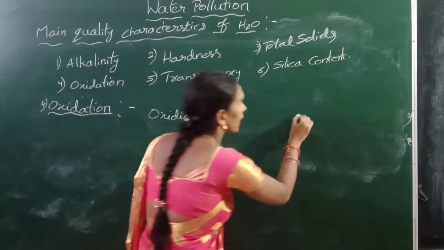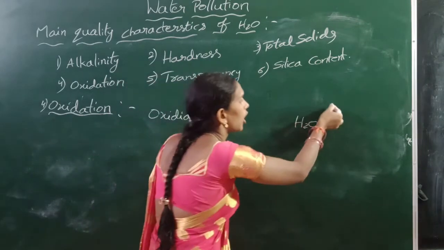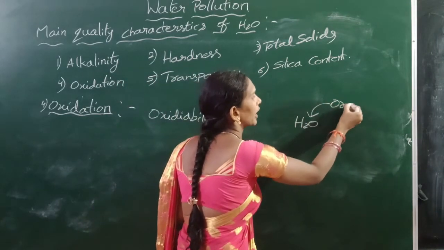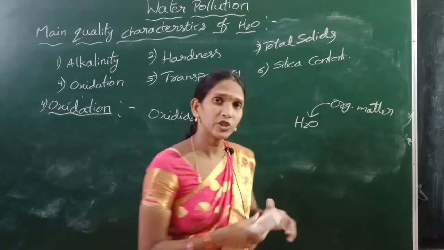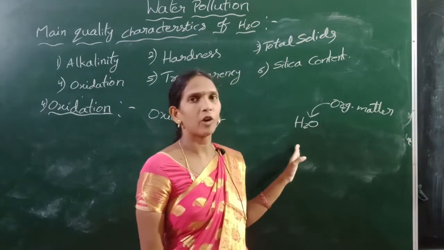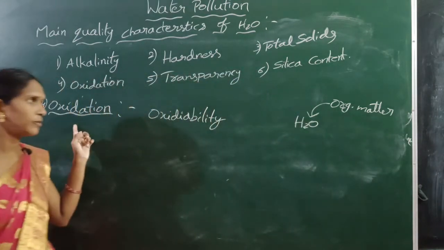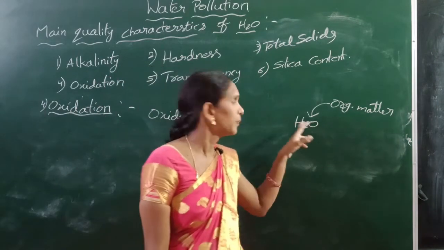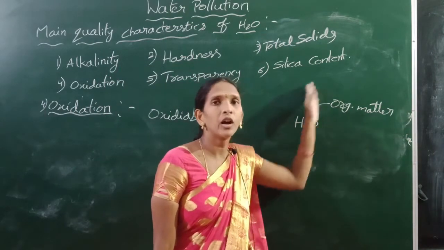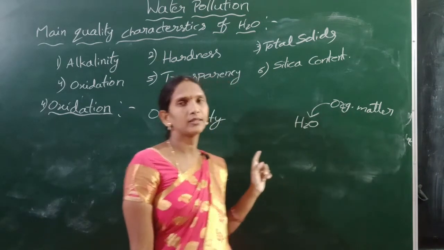Here, water can be polluted when another organic matter is added. Addition of another substance to the water, then water can be polluted. That means oxidation means contamination, that means pollution, contamination of natural water by organic matter.